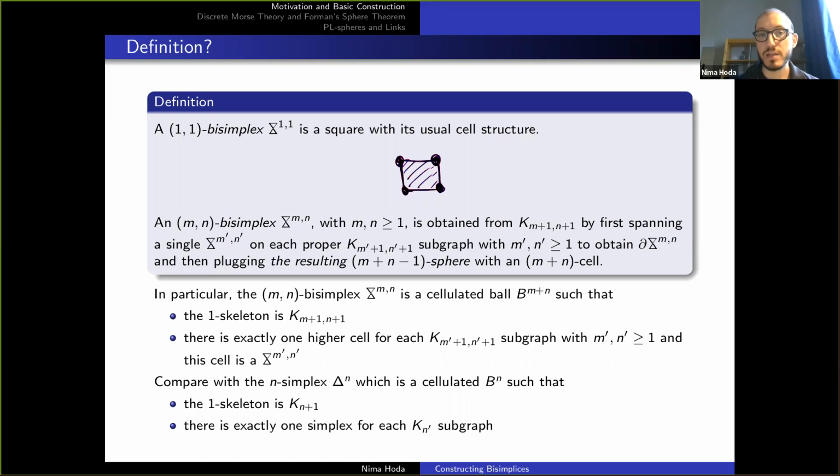And there's exactly one higher cell for each complete bipartite subgraph on parts of size at least 2, and that cell is a bisimplex with the appropriate indices.